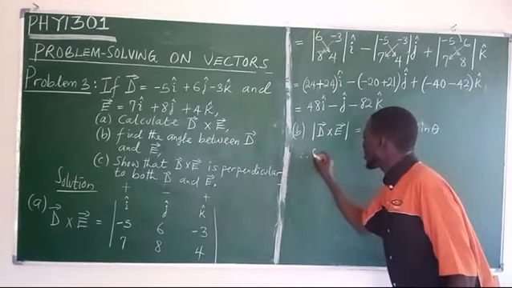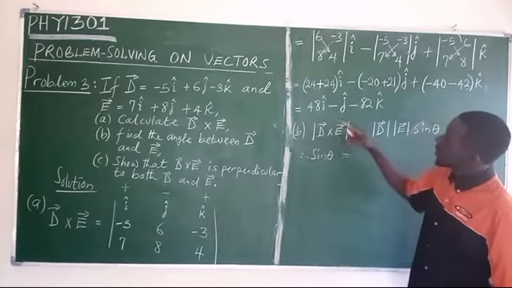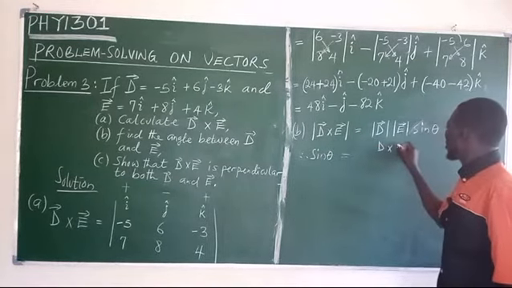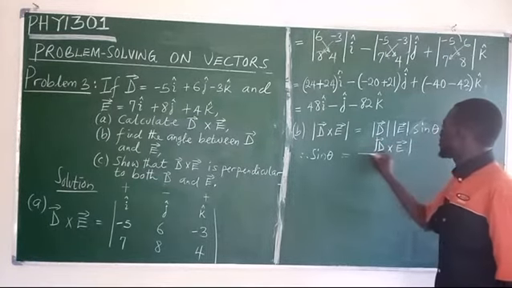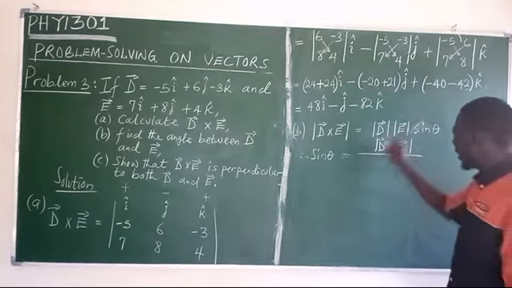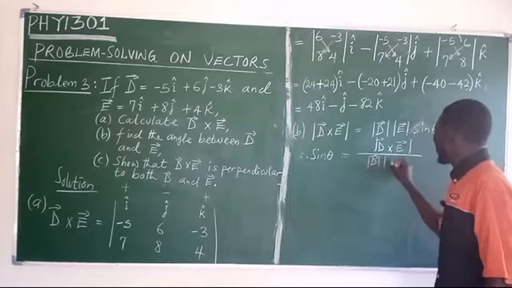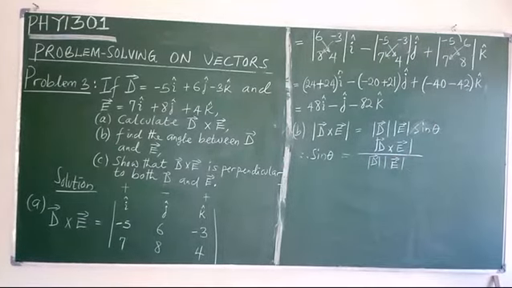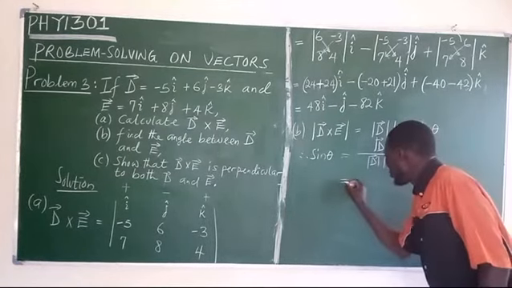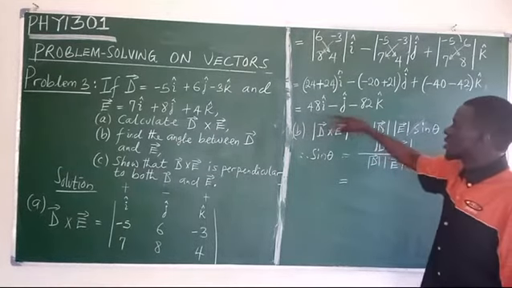So this will mean that my sine theta equals D cross E, vector D cross vector E, divided by the magnitude of D alone multiplied by the magnitude of vector E. Okay, how do I find the magnitude of D cross E? Remember, this is our D cross E here.